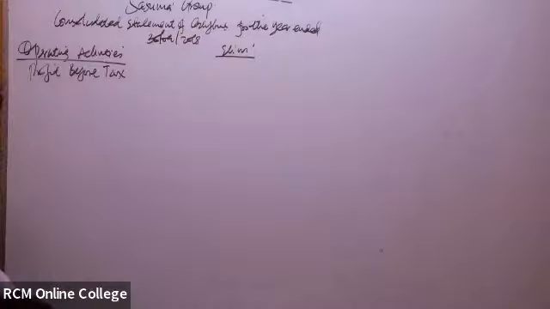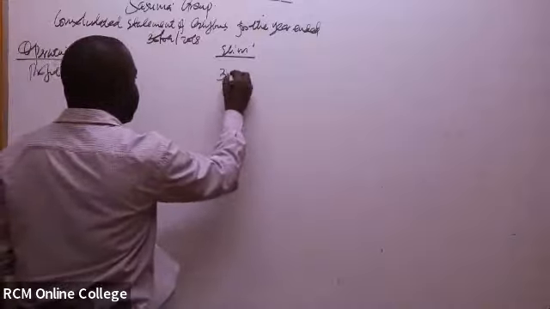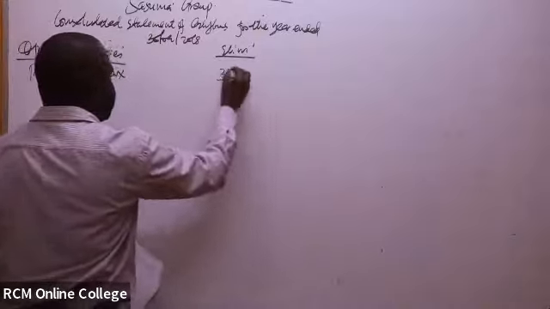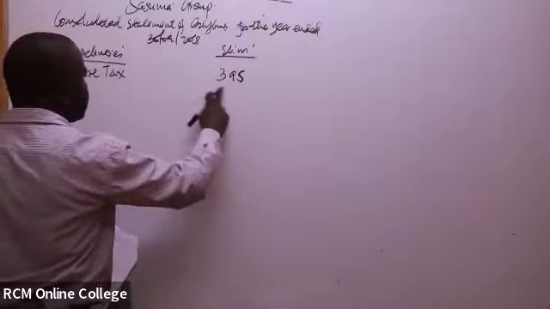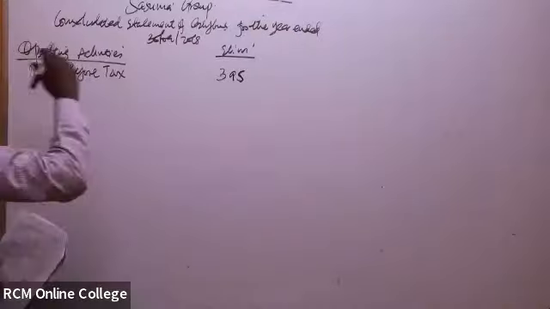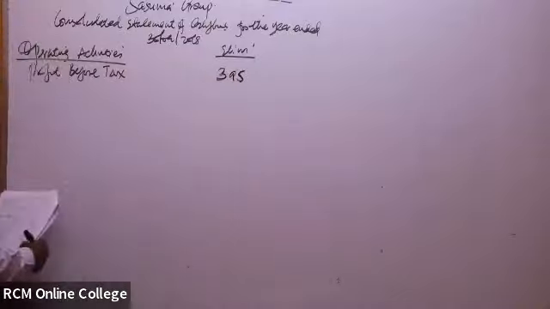Profit before tax is 395, exactly 395. You can get this from the income statement. Before they charge tax, that is the figure you see, 395.